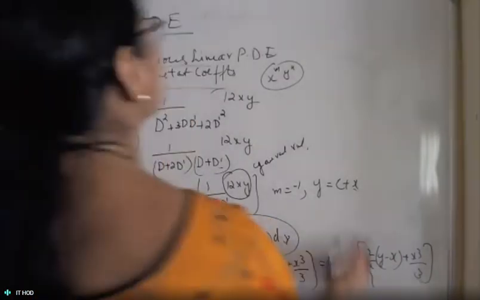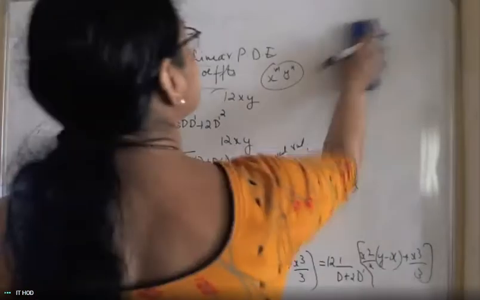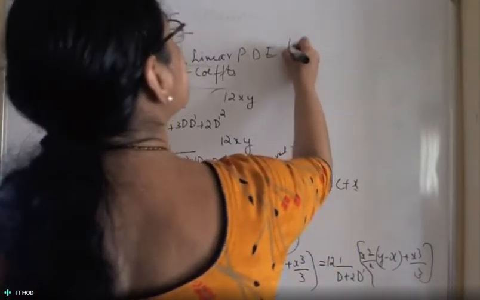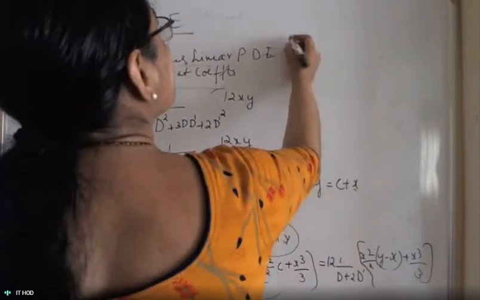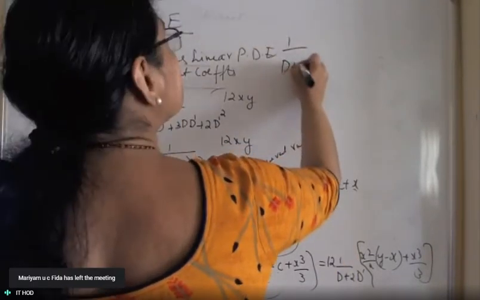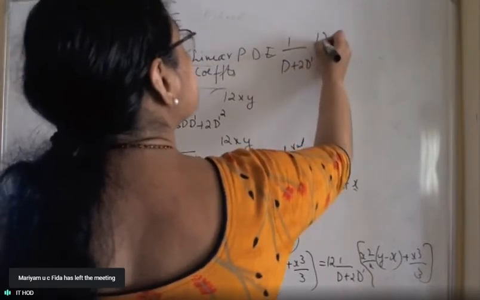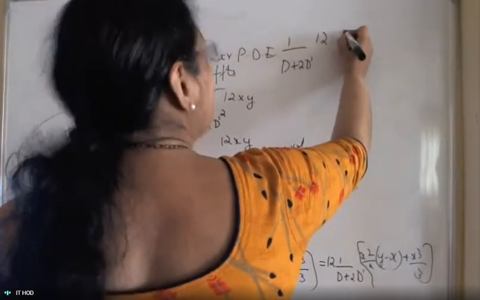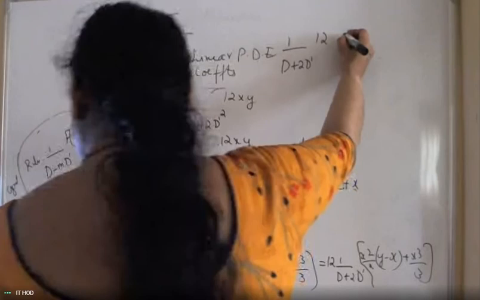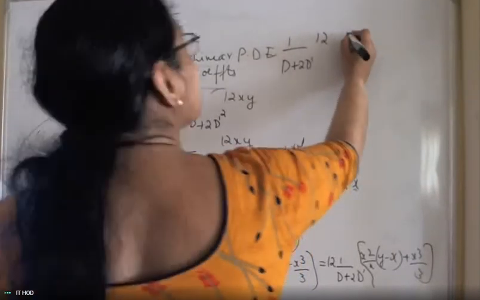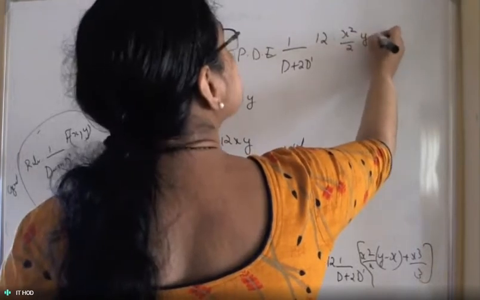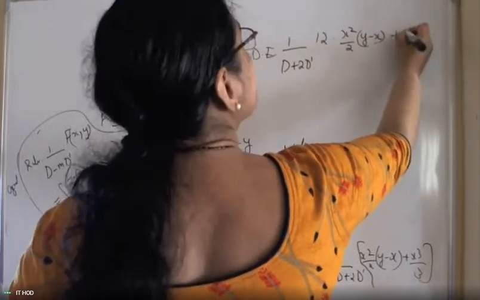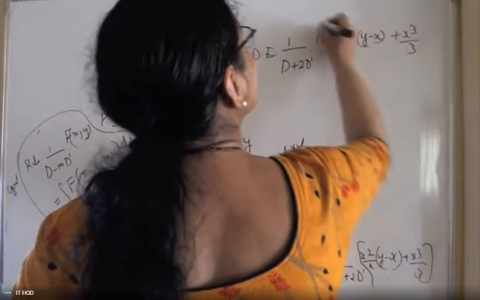Now you have this. This is the second step. We take 12 into 1 by (D plus 2D dash), and our new term is x squared by 2 into (y minus x) plus x cubed by 3.